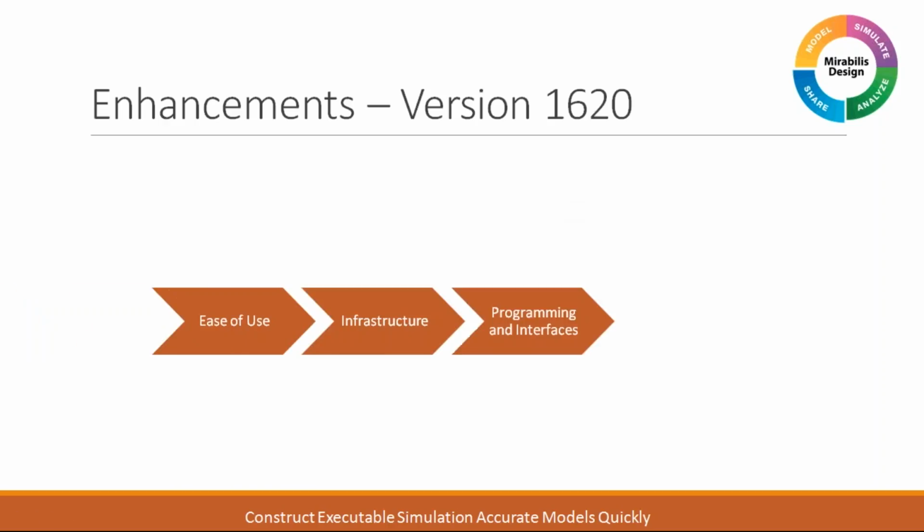And the enhancements we actually considered in 4 different stages. These different parts are focused around ease of use, infrastructure, programming and interfaces capabilities, and finally modeling enhancements as well.